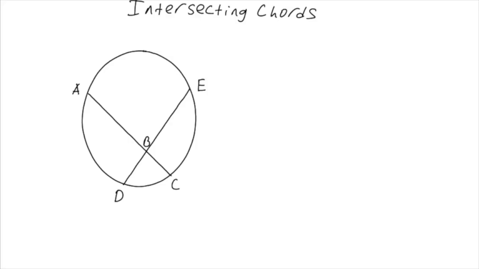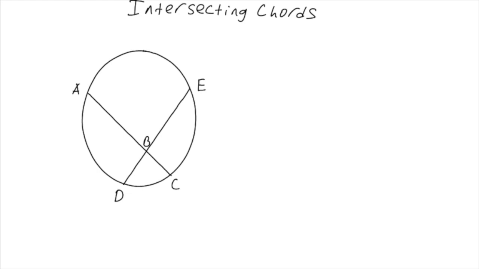So now we're going to talk about the rules of intersecting chords. So notice I've drawn here that we have two chords, AC and DE, intersecting each other.